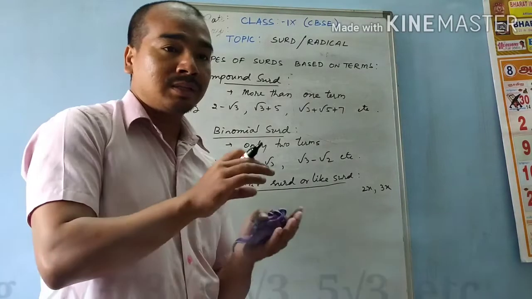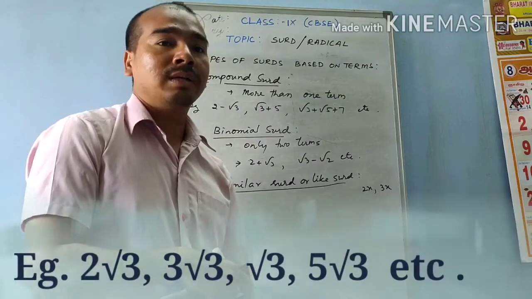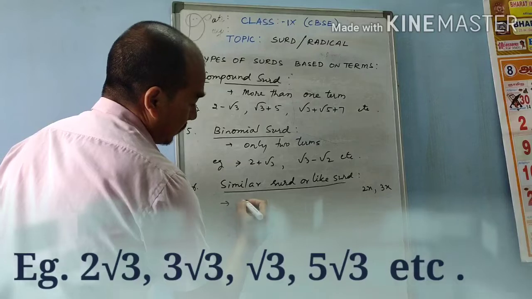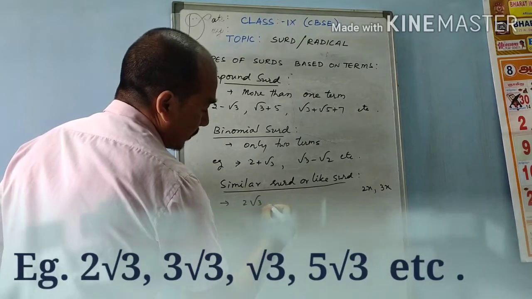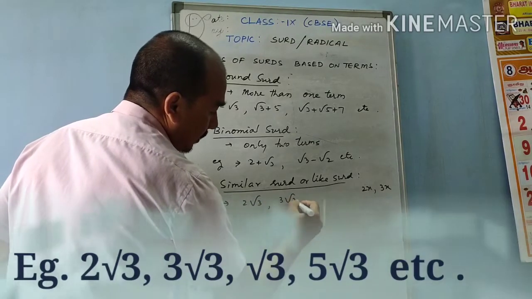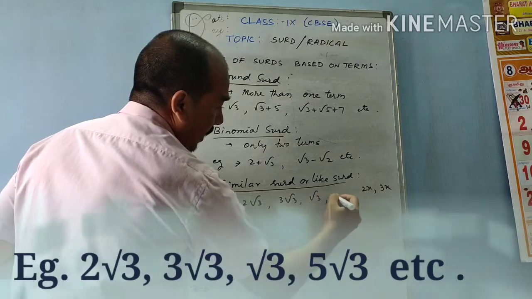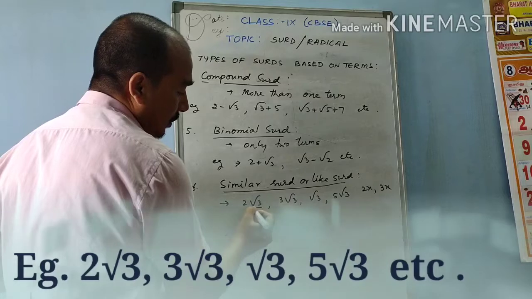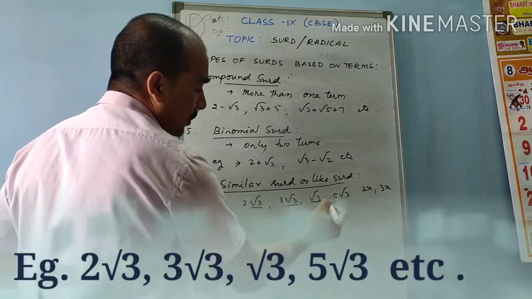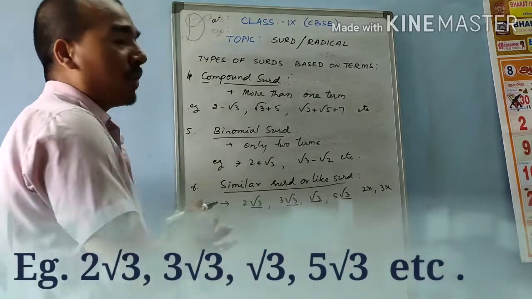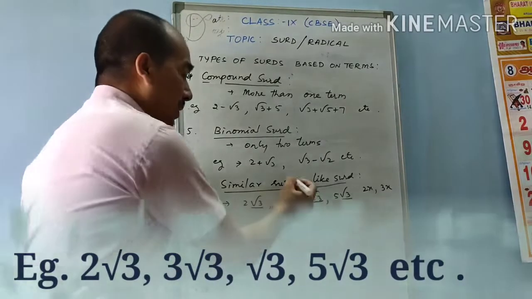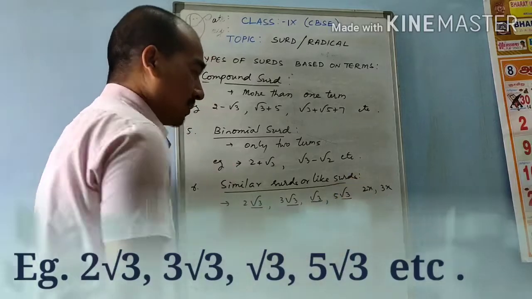Similarly, if the surd root part is equal, then what do you call? Similar surd. For example, 2 root 3, 3 root 3, root 3, 5 root 3. Here in these surds, root 3 is the root part in all, so all these root parts are equal. This type of surd is called similar surds or like surds.